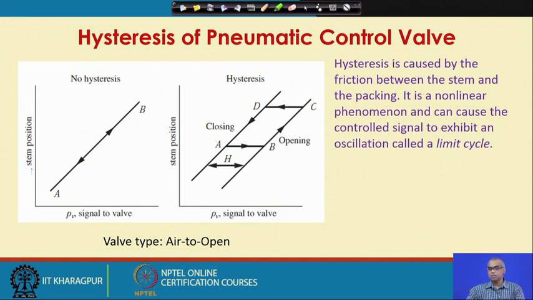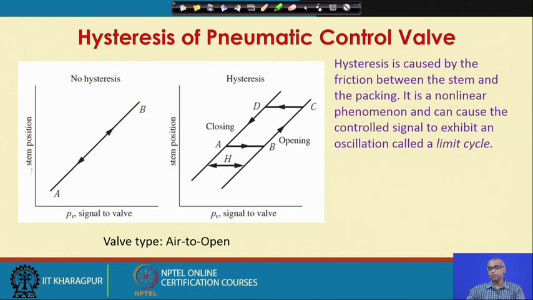Hysteresis is caused by the friction between the stem and the packing. In the beginning of today's lecture, we talked about packing, which gives you a reliable seal between the bonnet and the stem and does not allow the fluid to leak.